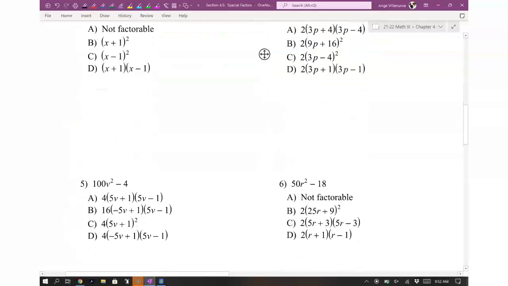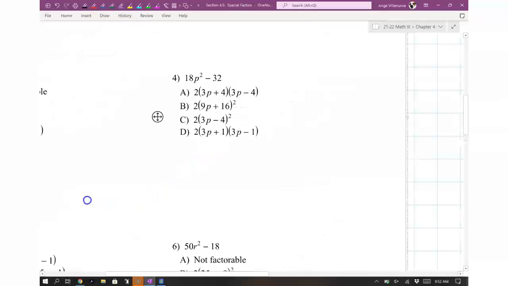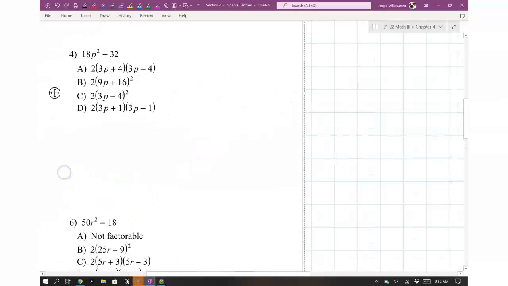Even 6 is a little bit on the hard side, but 5 is kind of like question 1. You can actually do these quickly. But let's talk about something like question number 4. So for question number 4, 18p squared minus 32.